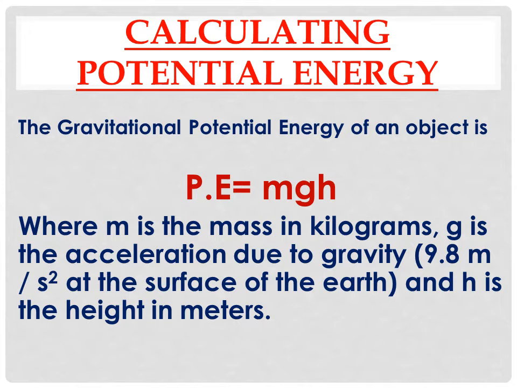So if we have these values, let's substitute the values in the expression and find out the potential energy of an object at a particular height. And we know that the unit of energy is joules.